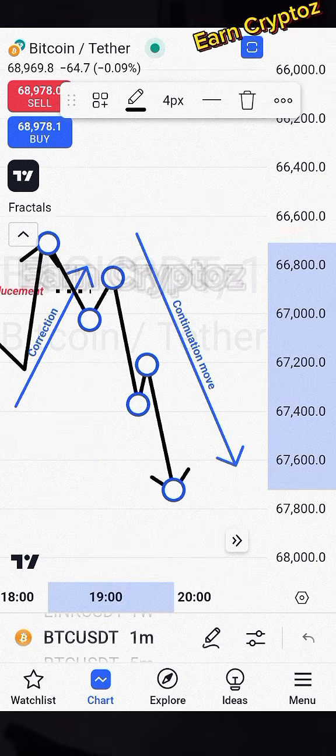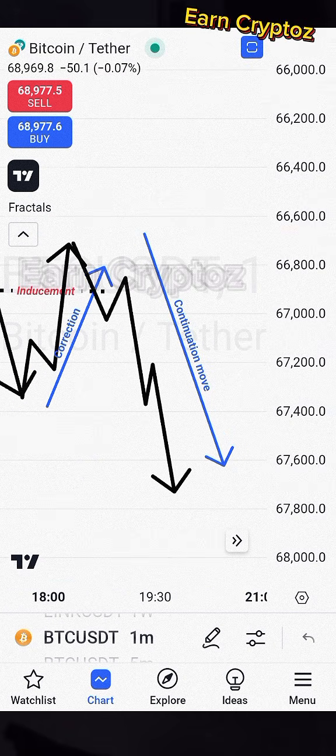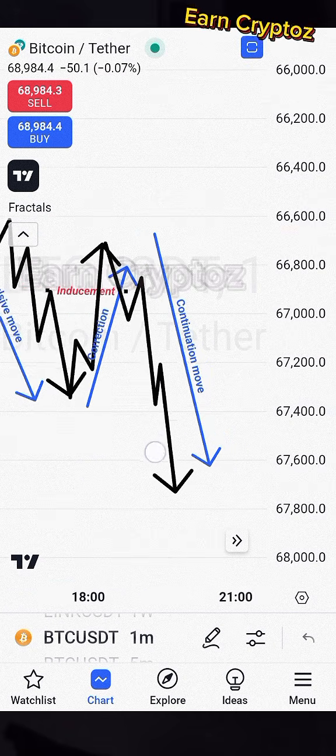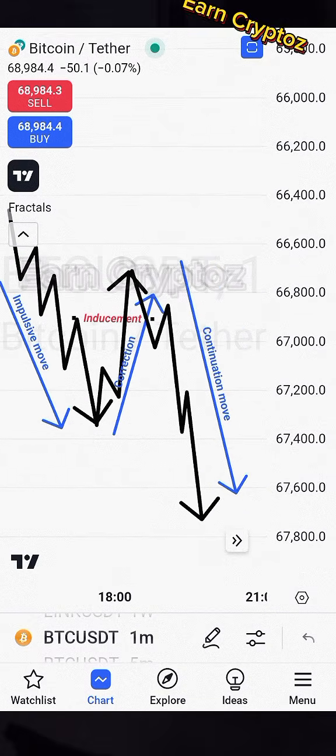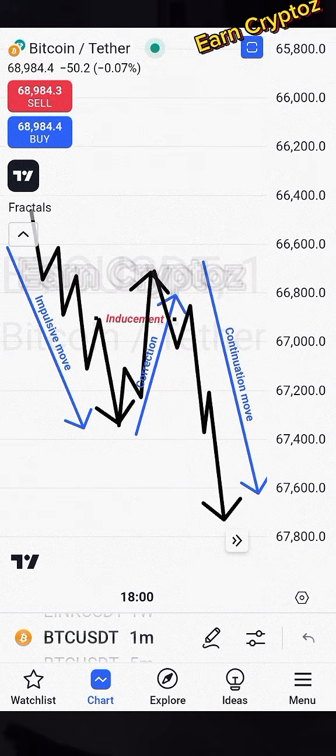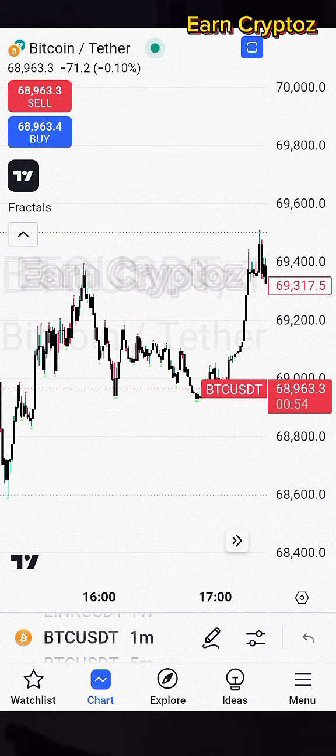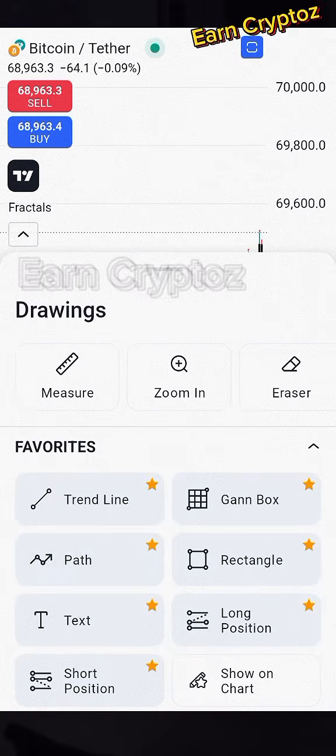Now you have the continuation move coming from the end of the correction down, breaking the low of the first impulsive move. It has to break the low of the first impulsive move for it to be a continuation.